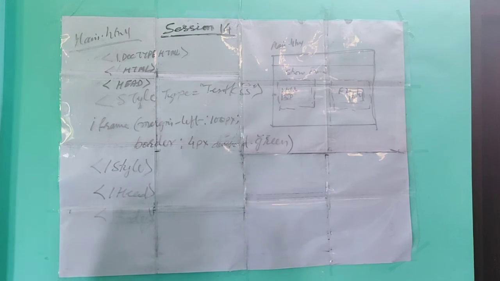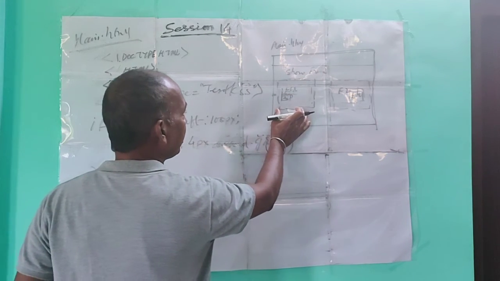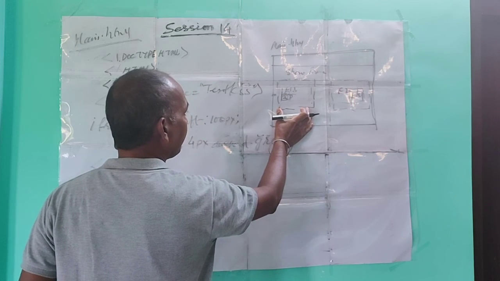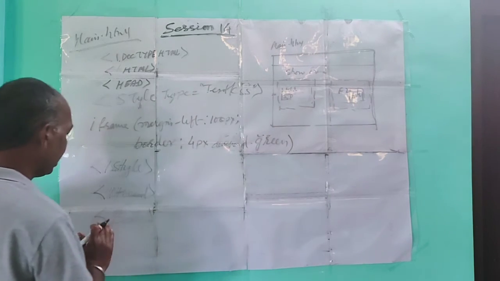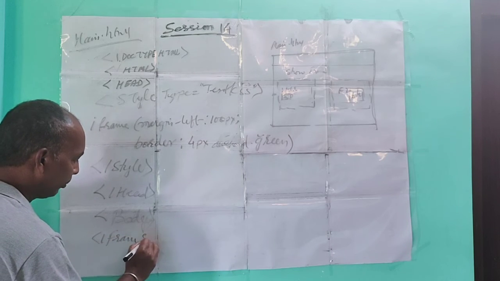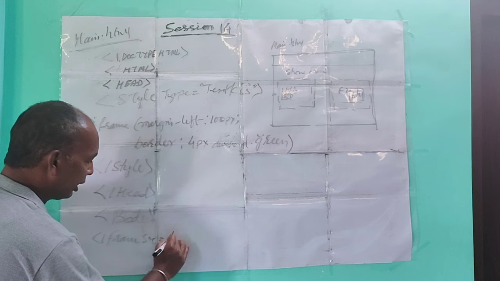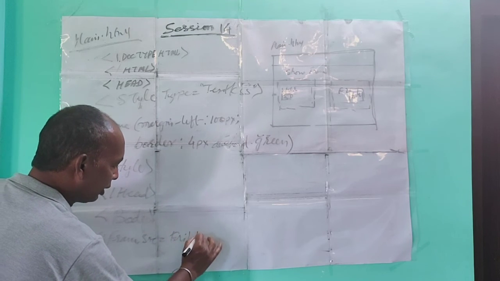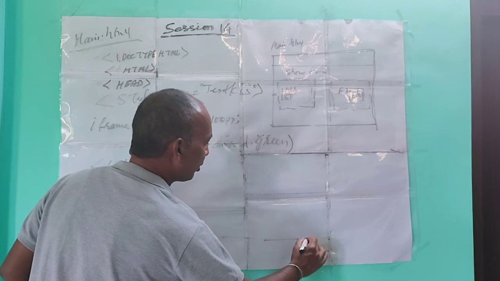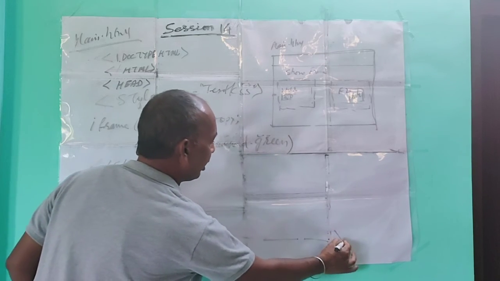Now, if you want to change a particular border and the color of a different frame, then here you can use iframe src, say fri1.html. Here you can change the border, the color, the spacing separately.